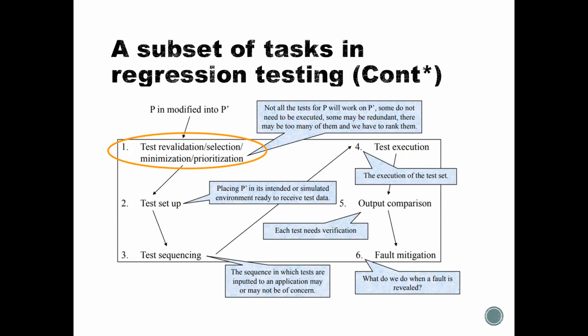It is interesting to note that all the tests for P will work on P dash, but some do not need to be executed. Some may be redundant. There may be too many of them, so you may have to rank them. These things need to be done in selection, minimization, and prioritization, because you don't want to use the whole set of test cases on this modified P.